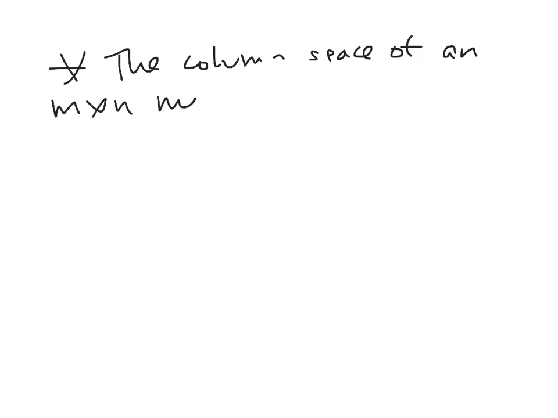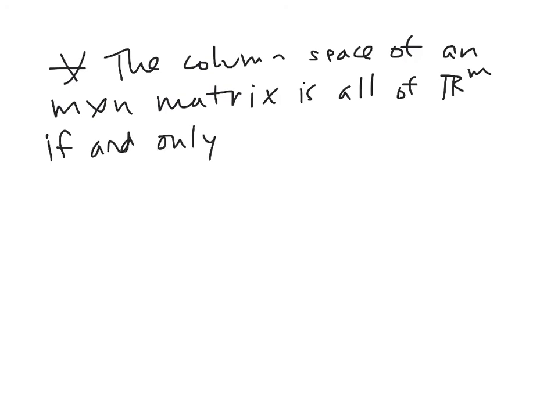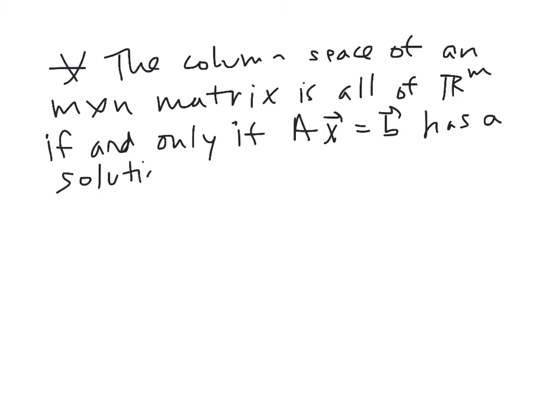And I want to make a quick remark, and that tells us that the column space of an m by n matrix is all of Rm if and only if this equation Ax = b has a solution for all vectors b in Rm.